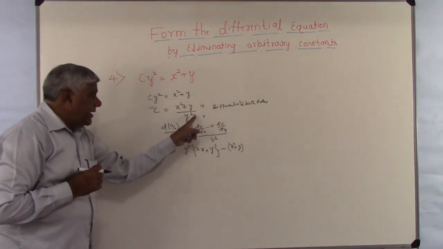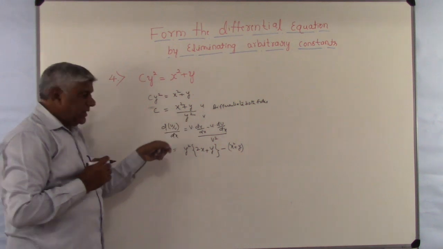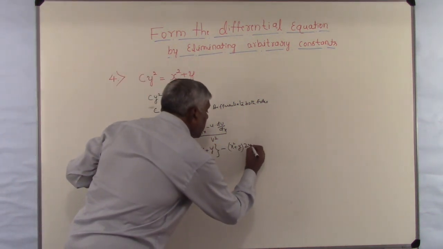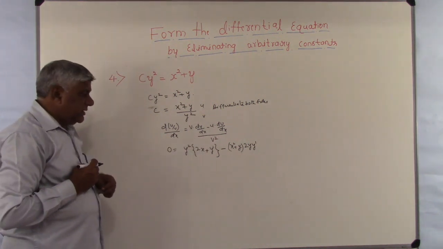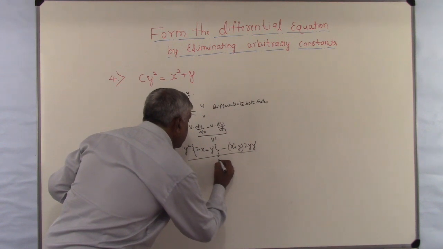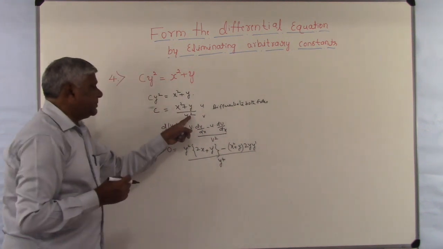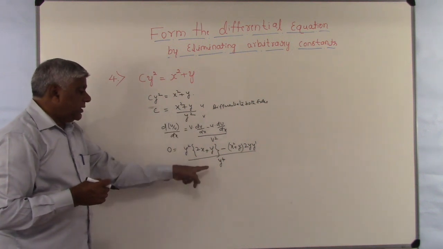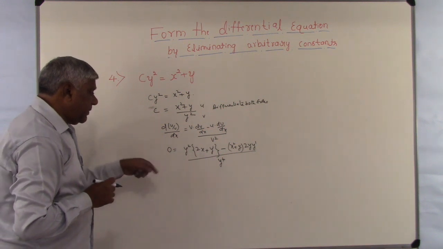Now dv by dx is d y square by dx, that is, it becomes 2y y dash, divided by v square, which becomes y to the power of 4. Therefore, we will multiply now.